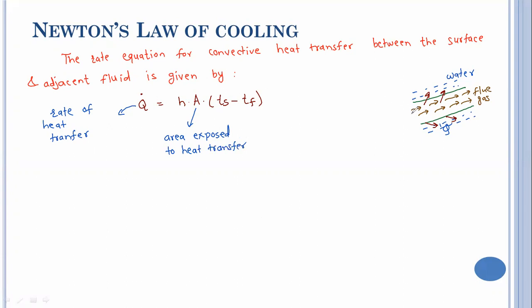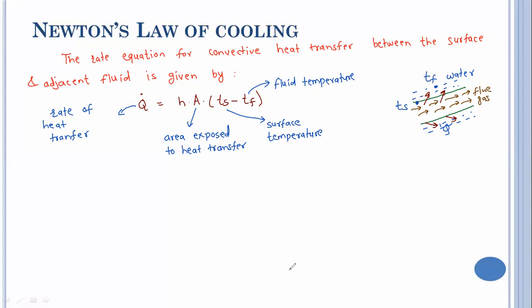Now, what is Ts? Ts is the surface temperature. And what is Tf? Tf is the fluid temperature, which is in contact with the surface. So this is your Tf, this is your Ts.